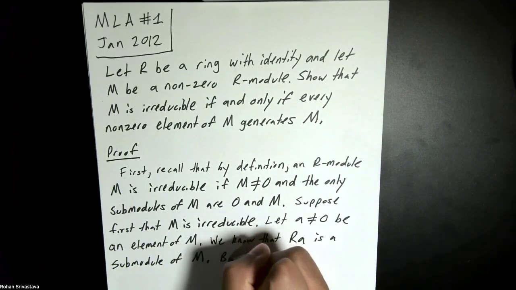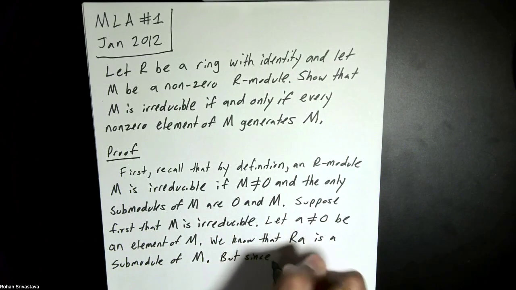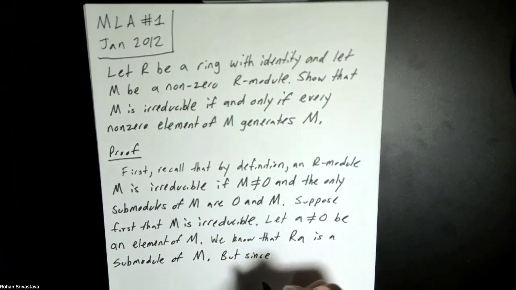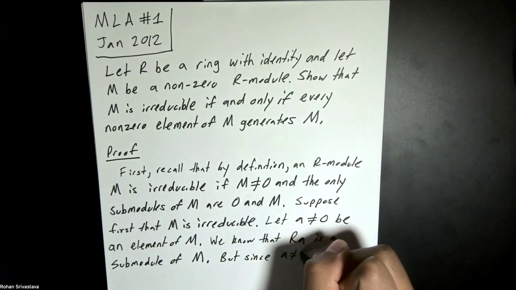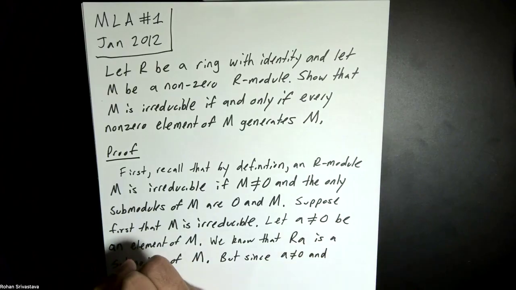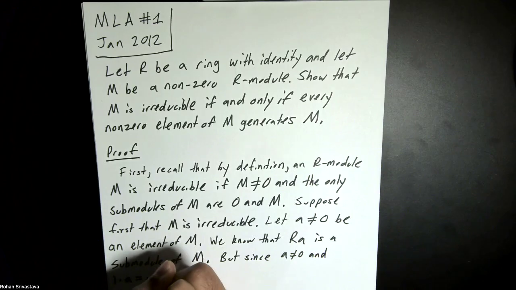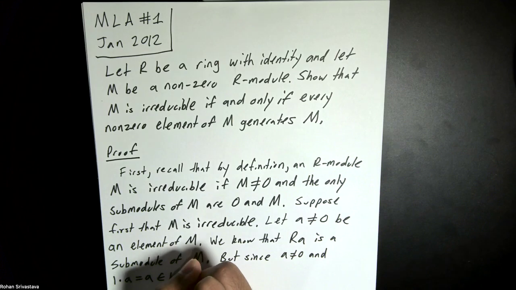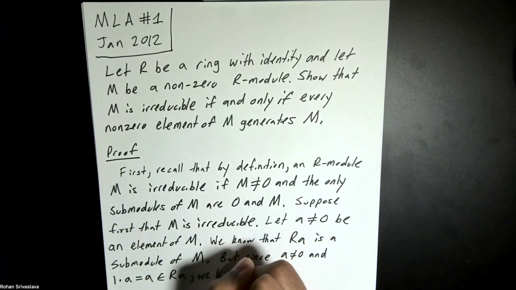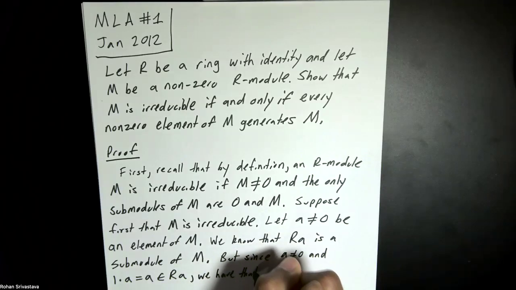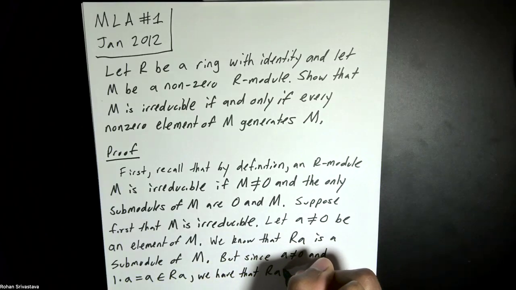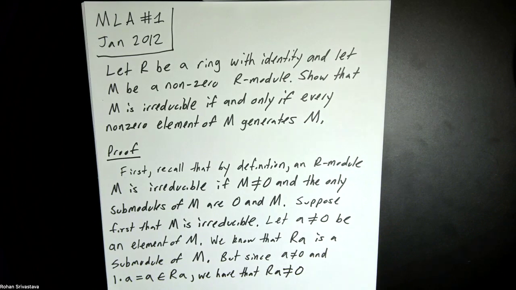But since A is non-zero and 1 acting on A, which is A, is an element of RA, we have that RA is not the zero submodule. That's a non-zero submodule of M.